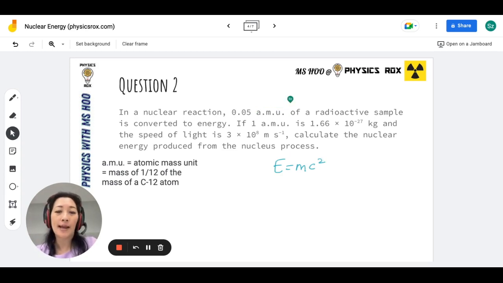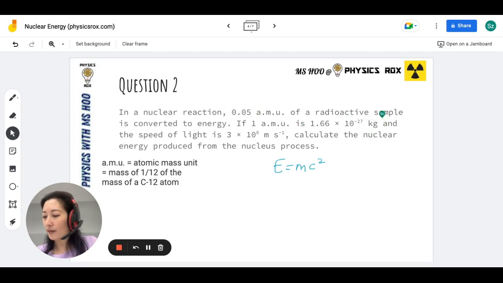You have to use mass in kilograms. That's why they've given us the value of conversion here: 1 AMU is 1.66 times 10 to the power negative 27 kilograms. So we need to convert this 0.05 AMU into kilograms.